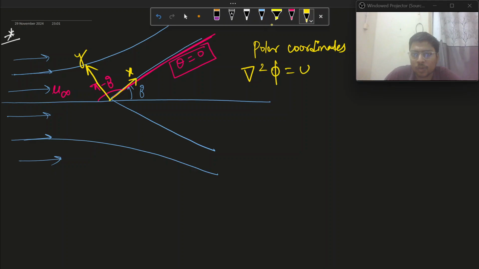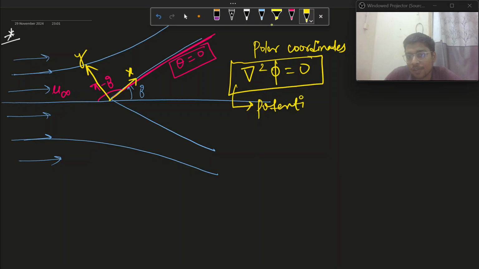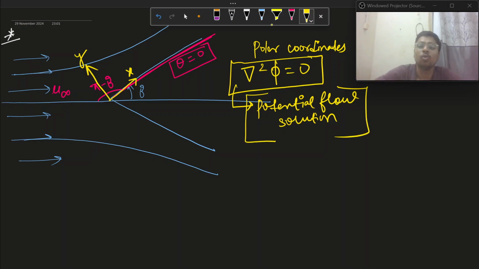This is why we are seeing the potential flow solution. It is incompressible 2D flow.